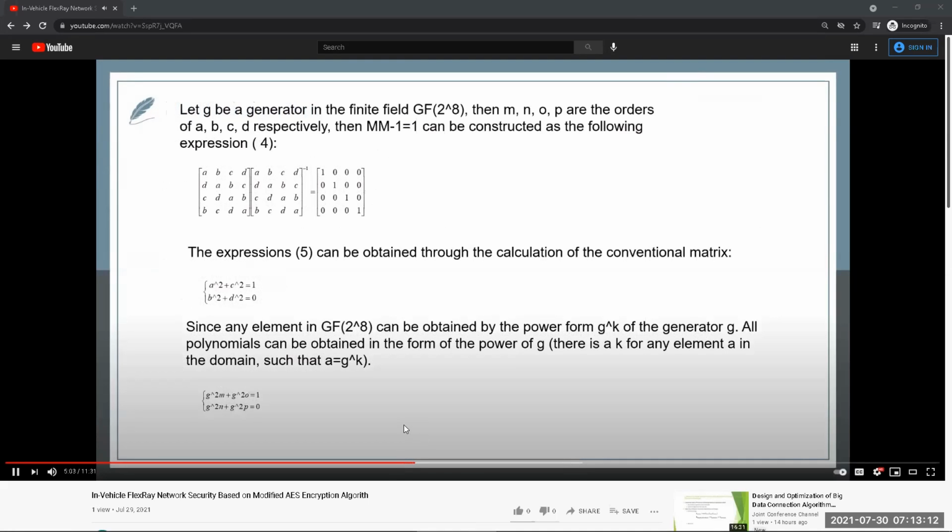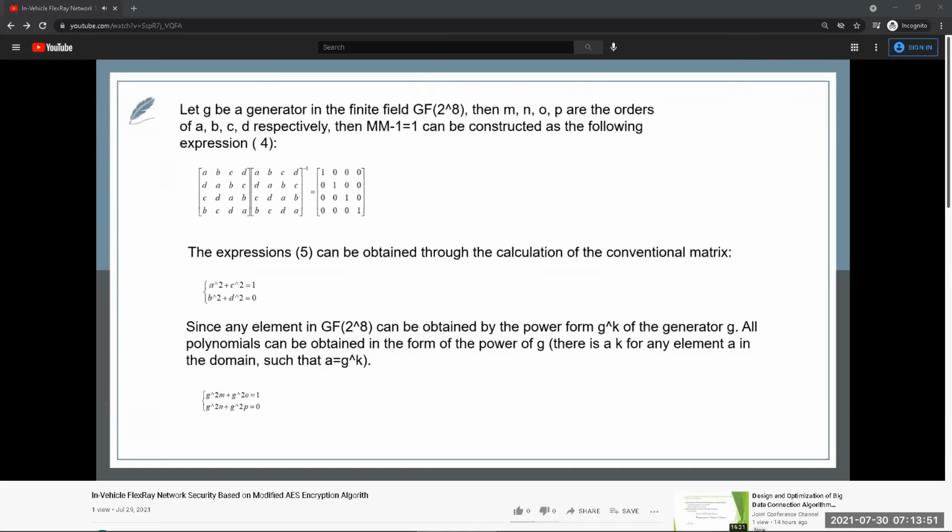And in this paper, in order to increase the speed of message encryption and reduce the number of multiplications, the above-mentioned matrix is replaced with an optimized matrix multiplication. Let g be a generator in the finite field. Then m, n, o, p are the orders of a, b, c, d, respectively. Then it can be conjectured as the following expression.